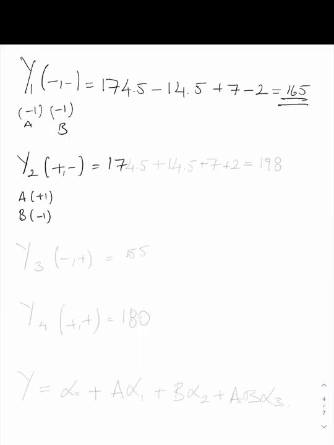So that will give me 174.5 plus 14.5 plus 7 plus 2, and that's going to give me 198, and that was my plus minus corner. And similarly, if you do y3, which is minus plus, you'll get 155, and if you do y4, which is plus, you can get 180.